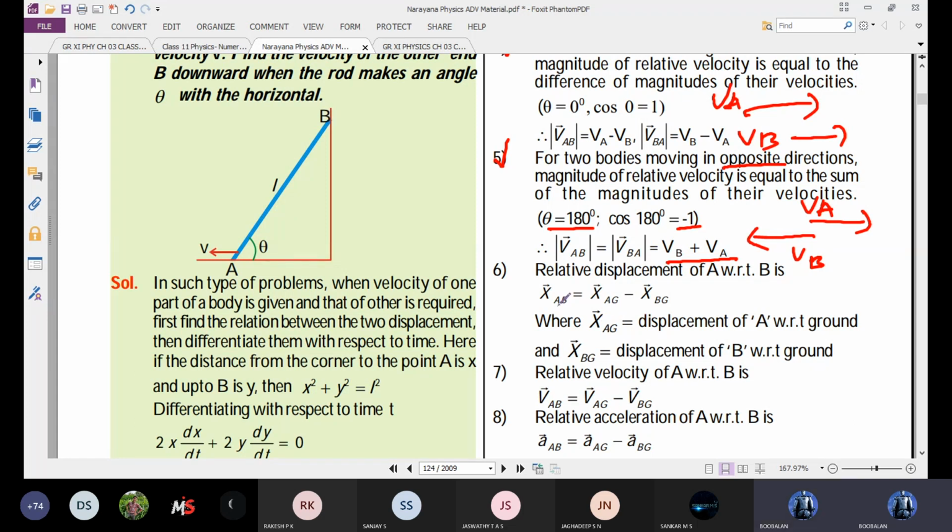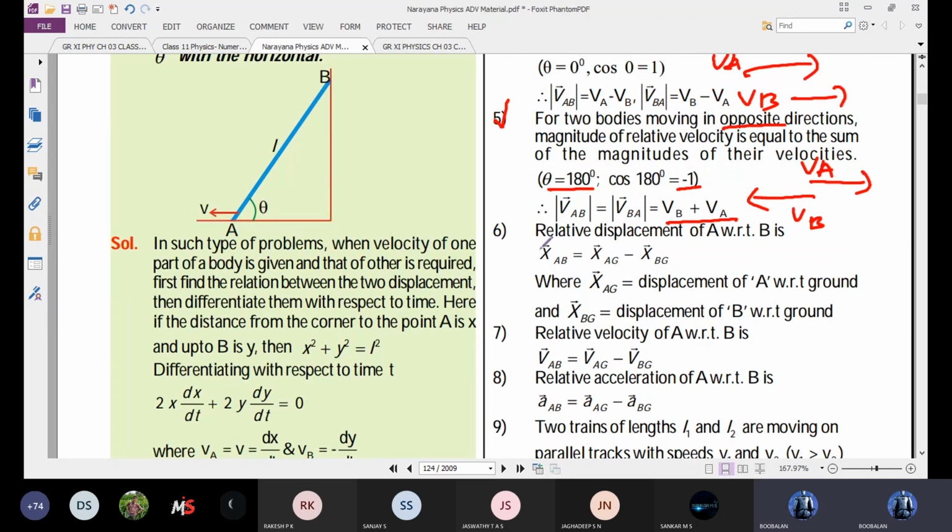This is the relative displacement of A with respect to B compared to the ground: X AG minus X BG, where AG means displacement of A with respect to ground and the other is the displacement of B. It is a general formula; you just remember VA minus VB, VB minus VA.